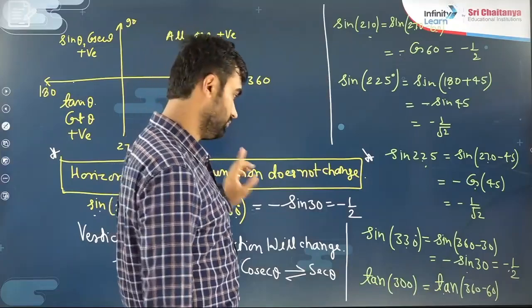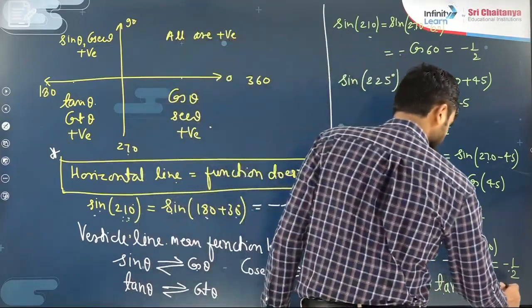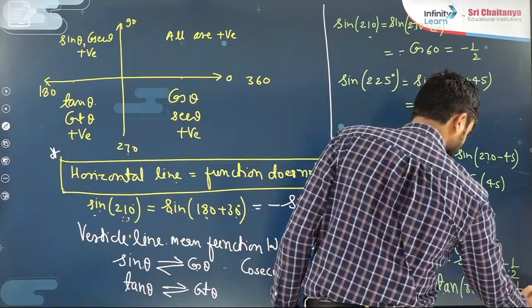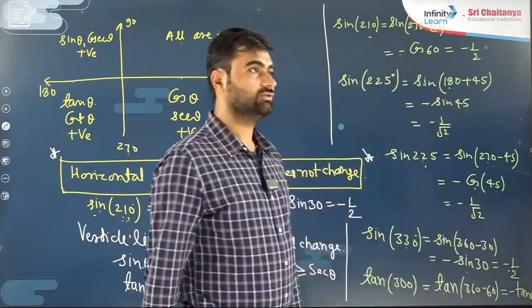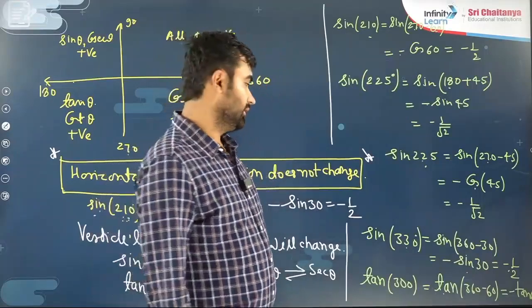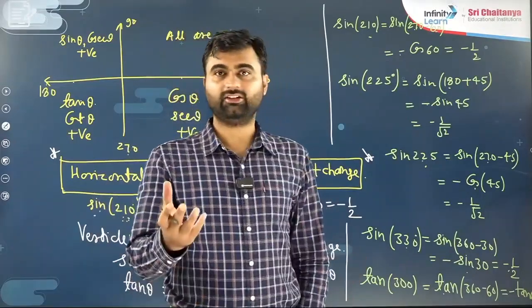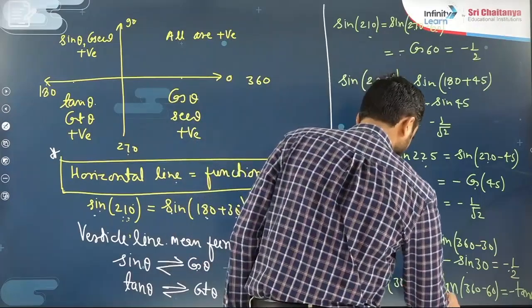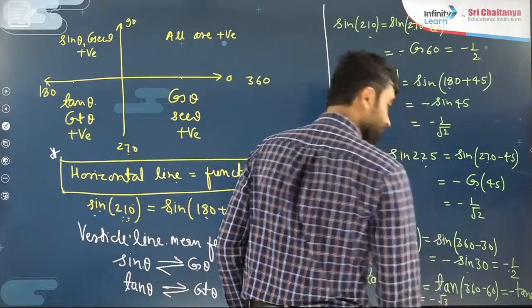Tan theta is negative, so the final answer will be negative. And the final angle is 60, so it is minus tan 60. The tan 60 value you know is root 3, so the final answer is minus root 3.